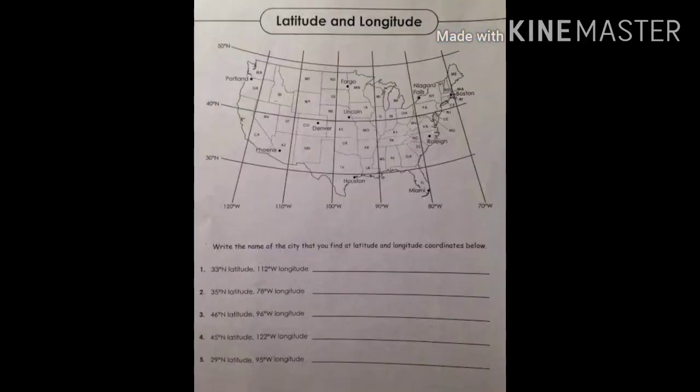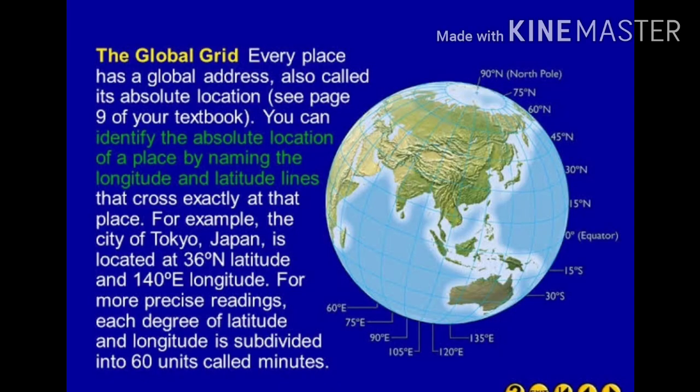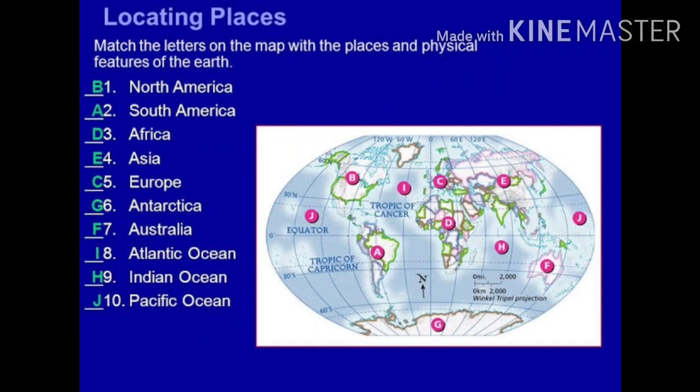Next, locating places. Longitudes and latitudes form a network called a grid. The grid helps us to accurately locate places on maps and globes. To locate a place on a map or globe, we must know the degrees of the latitude and longitude.